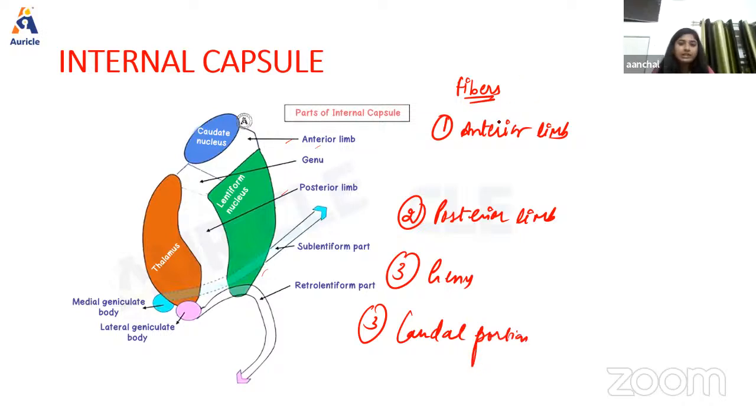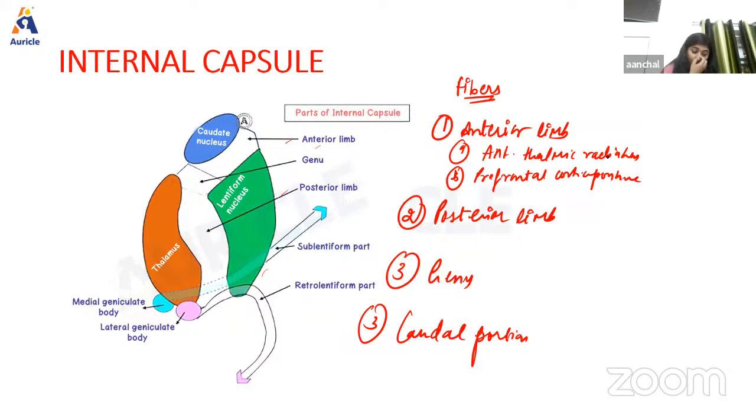Now, the anterior limb has nerve fibers like the anterior thalamic radiation, then prefrontal corticopontine fibers, and fibers from the orbital cortex to the hypothalamus.